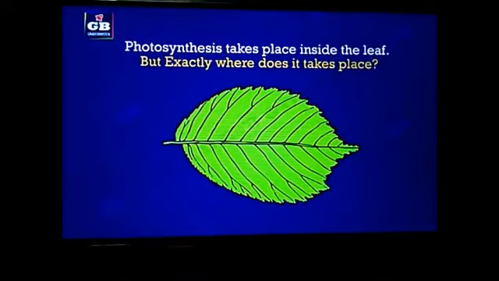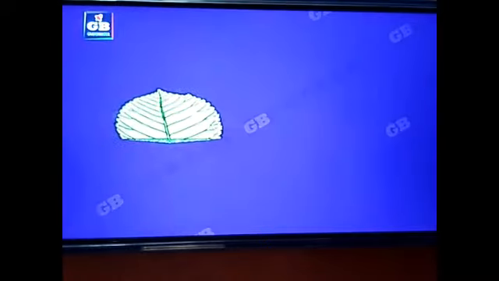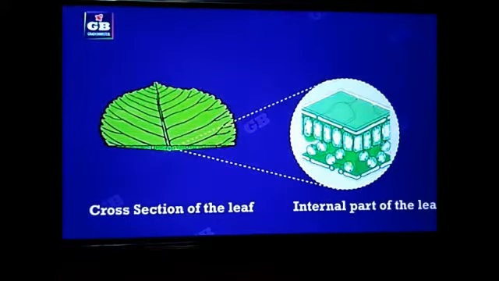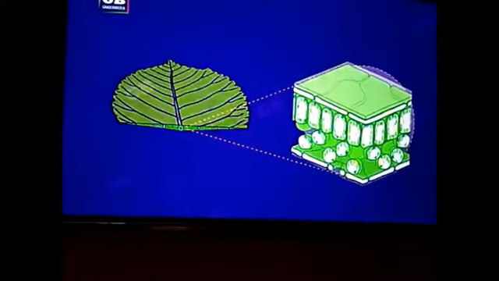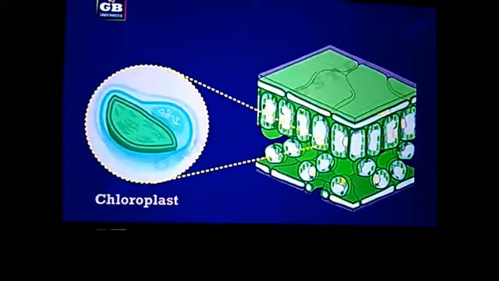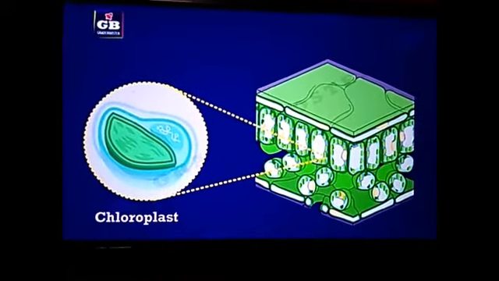Photosynthesis takes place inside the leaf, but exactly where does it happen? If we see the cross section of a leaf, we will find cells with green colored structures called chloroplasts. This is the site of photosynthesis.